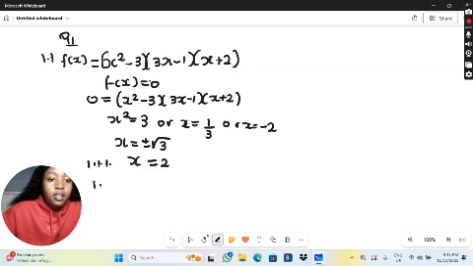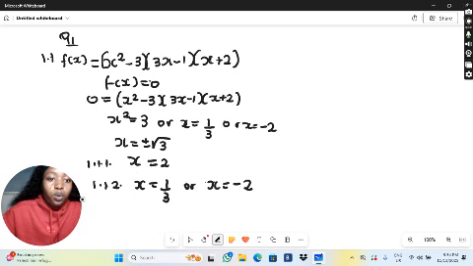And then for 1.1.2, we are asked x is a rational number. So rational number, we are going to have 1 over 3. Okay, we say that x is equal to negative 2.